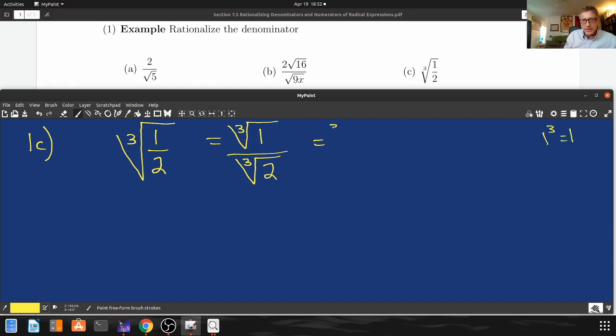So I'm going to write this as the cube root of 1 cubed. And down here is going to be the cube root of 2. Well, the cube root of 1 cubed, the base gets to escape, and that's everything. So that just simplifies to 1. So this is the cube root of 2.